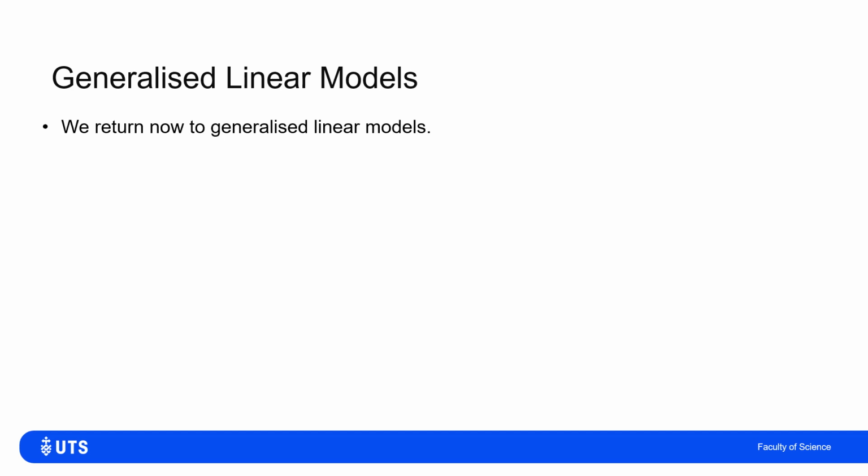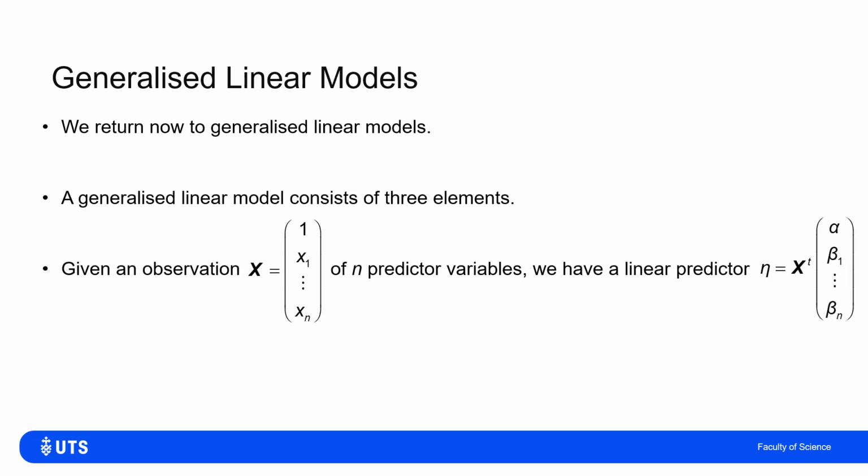If we revisit now the concept of generalized linear models, for this we need a vector of observations. So I have an observation of x1, of x2, of x3, up to xn. And I also put a 1 at the start to note that I've got one lot of the intercept term.